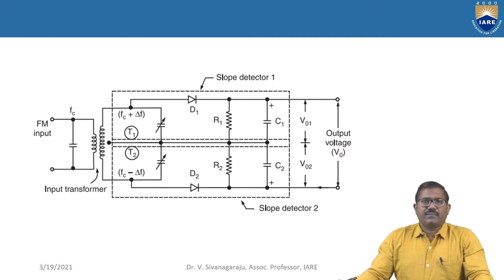The primary tuned circuit is tuned to the intermediate frequency, that is Fc, whereas the secondary upper tuned circuit is tuned above Fc, that is Fc plus delta F. Whereas the secondary lower tuned circuit is tuned below Fc, that is Fc minus delta F. This is the description of the circuit diagram, and now we can see how the operation works.